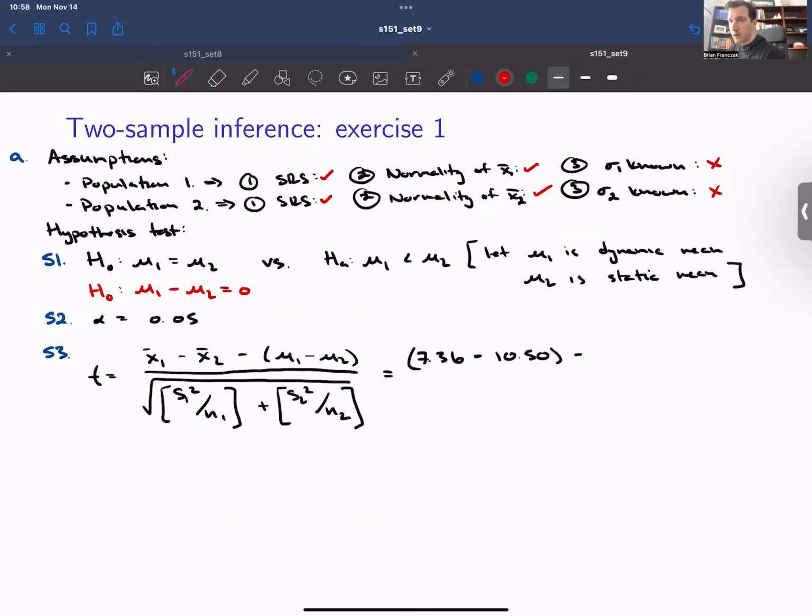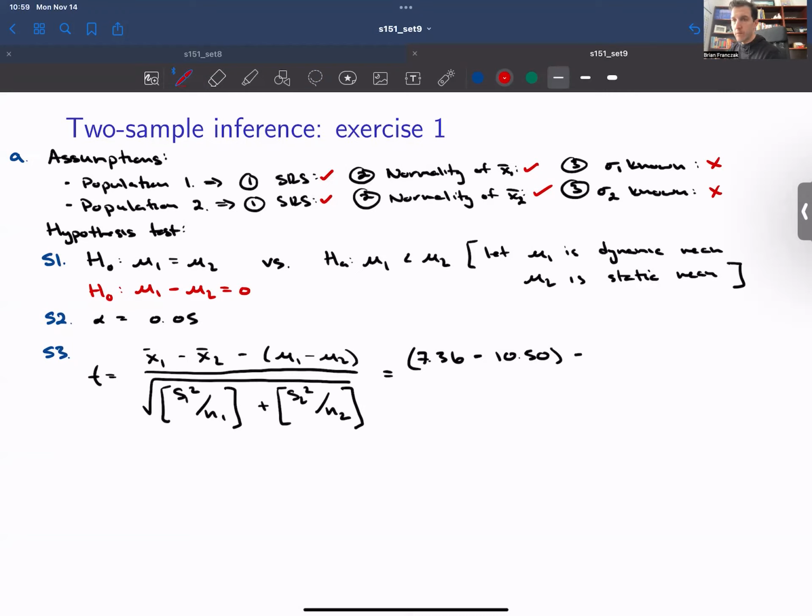In the black coloring, I have them written as an equality comparing one another. In the red coloring, I have them written as a difference such that I can see the null hypothesis is stating that mu1 minus mu2 equals 0.